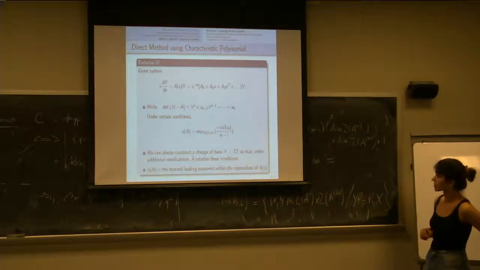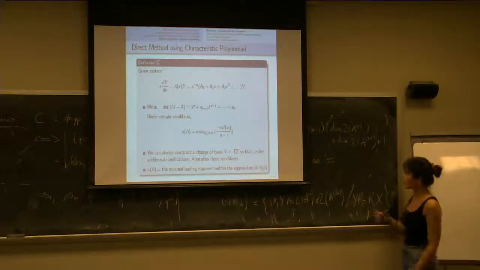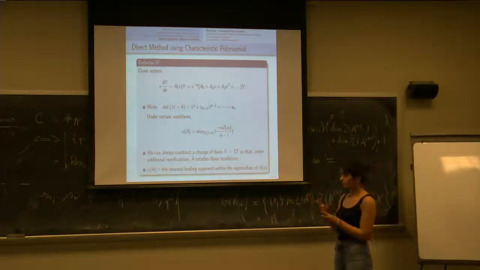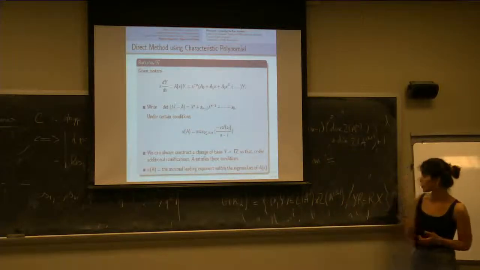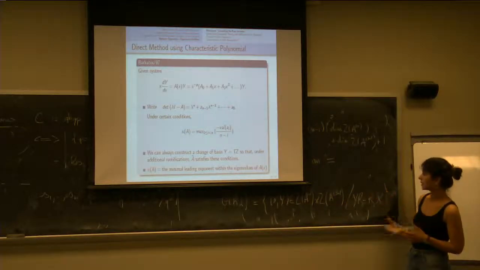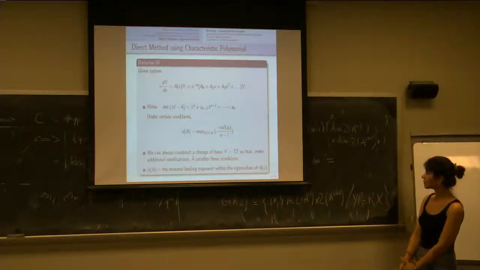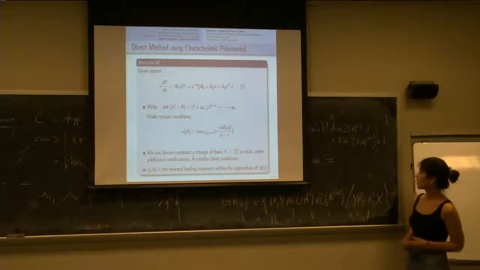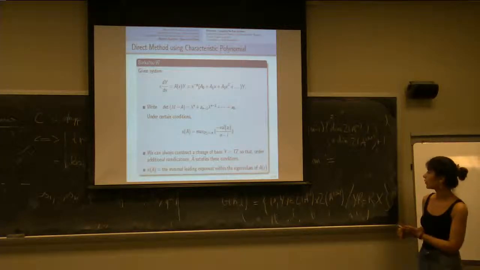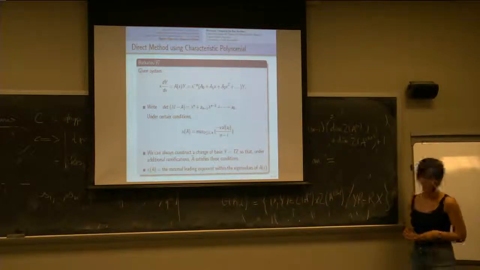So finding the Katz invariant amounts to finding the minimal leading exponent within the eigenvalues of A(x). So the problem is reduced to finding the leading exponent within the eigenvalues of A(x).